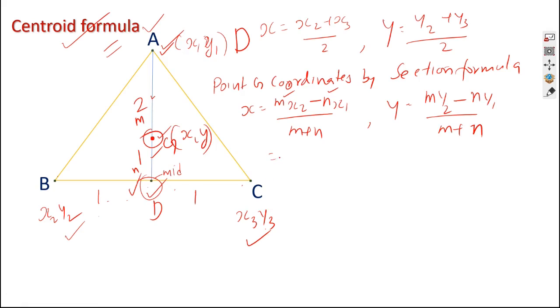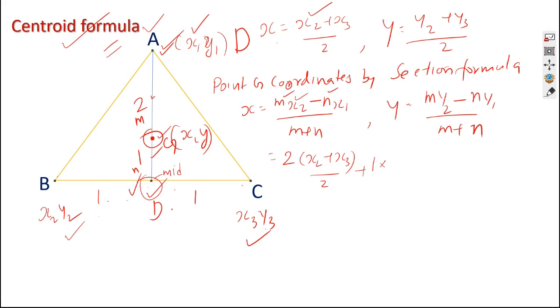In that case, we will write 2 into the x coordinate of D, that is (x2 plus x3) upon 2, plus 1 into x1, that is this one.